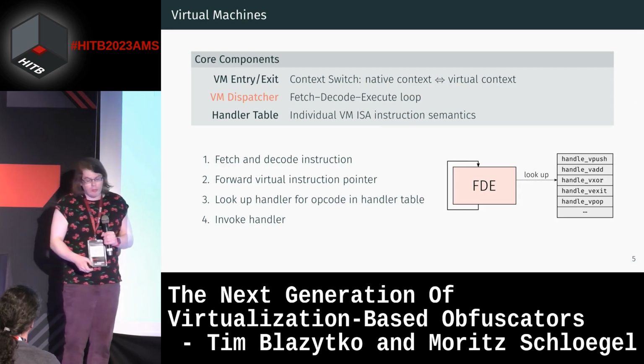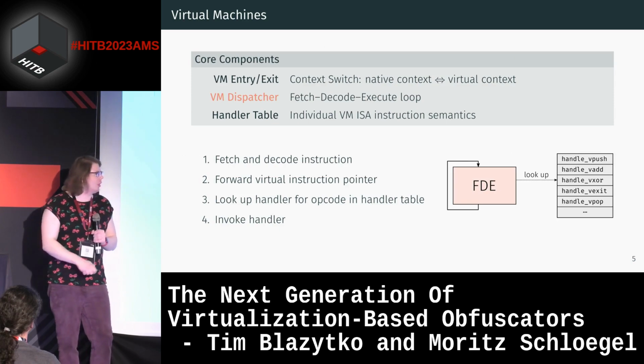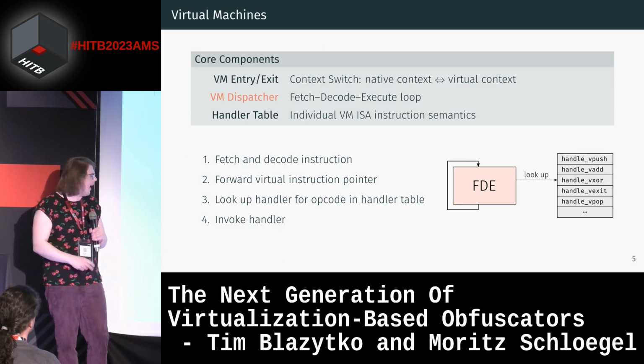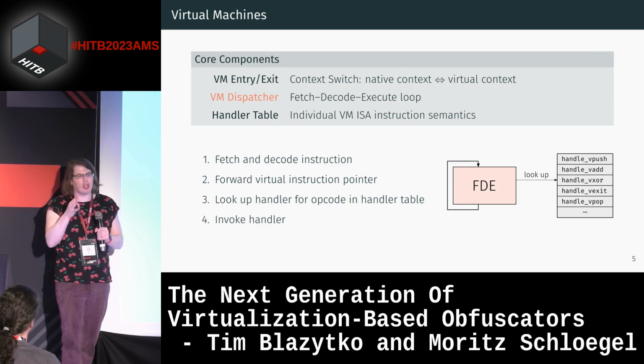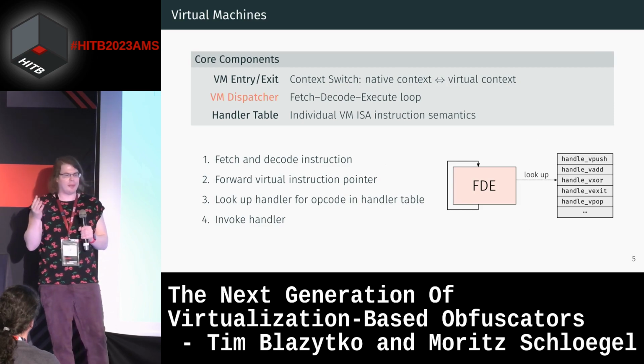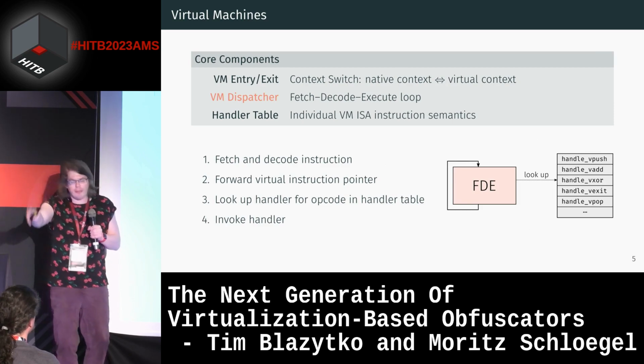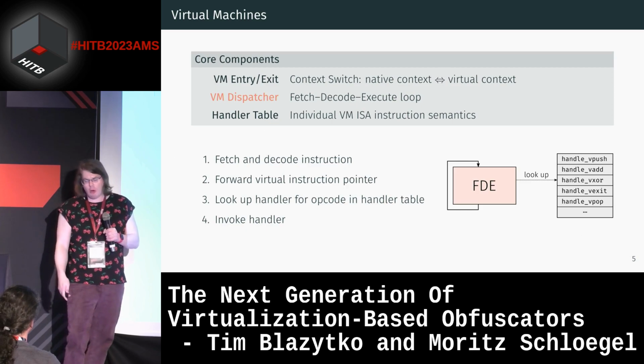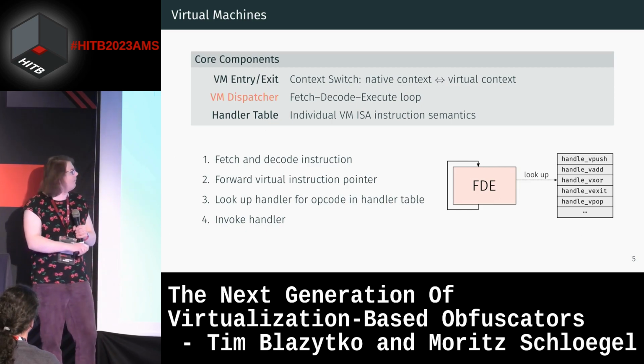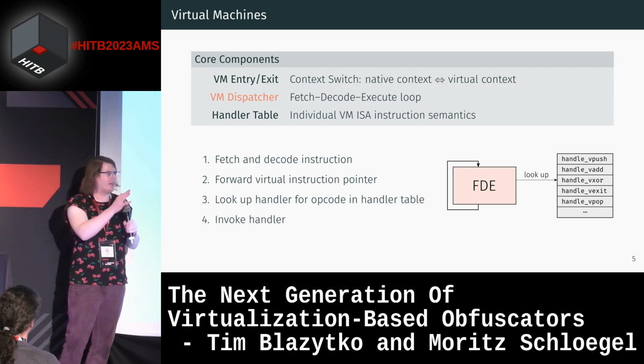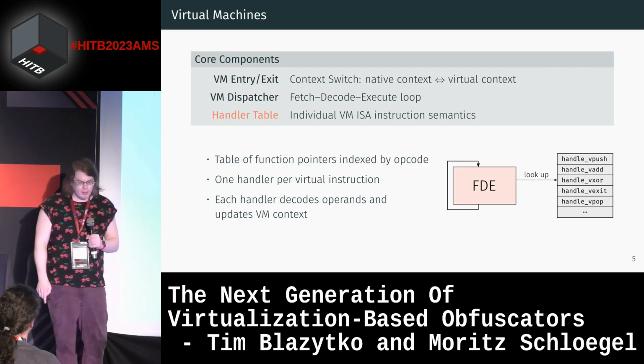And then we call a dedicated function called a handler, and the handler performs the actual semantics on the CPU state. After we finish, we go back to the beginning and restart the fetch, decode, execute loop by fetching the next instruction, and so on.